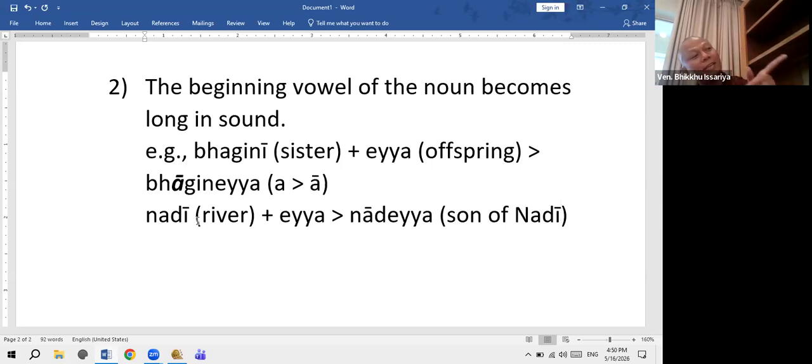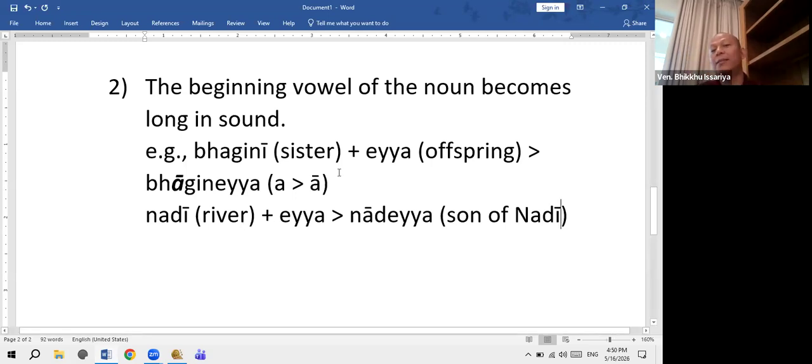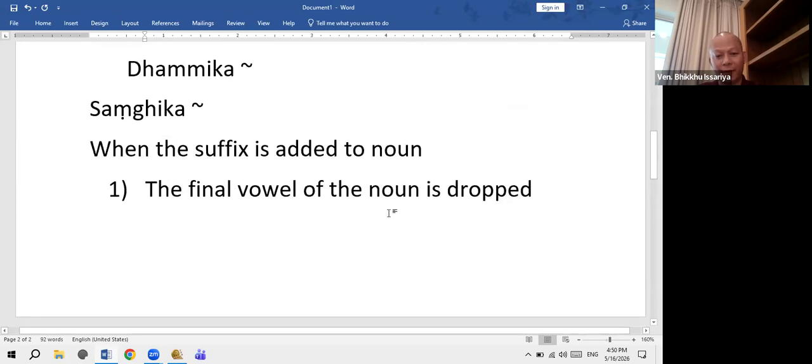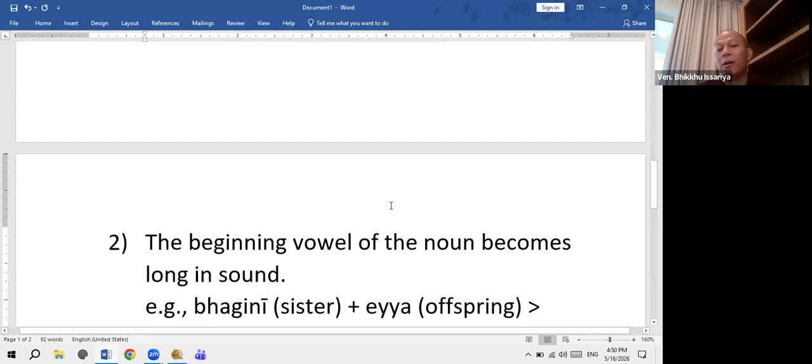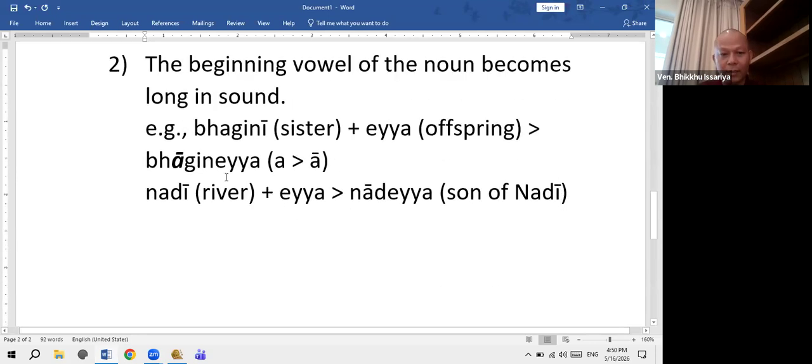So now the second step. We finished the first step: when we add the suffix, the final vowel of that noun is dropped, but the beginning vowel becomes lengthy, becomes long.